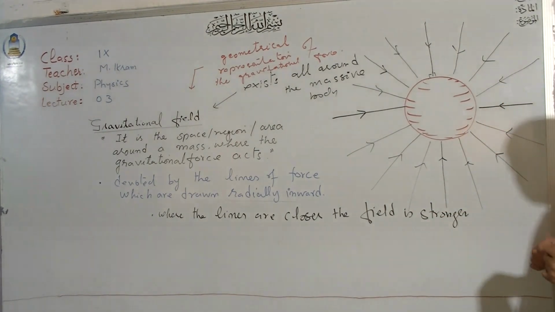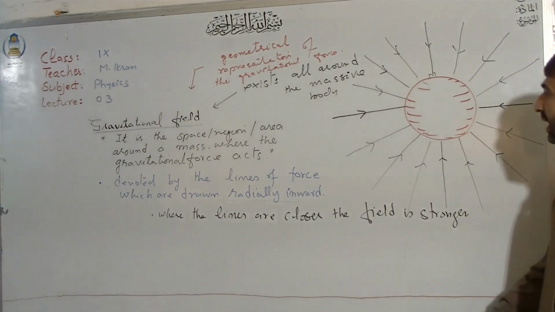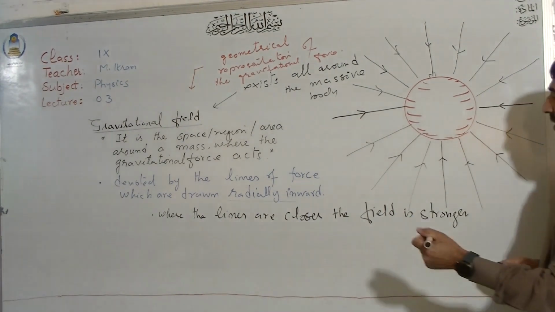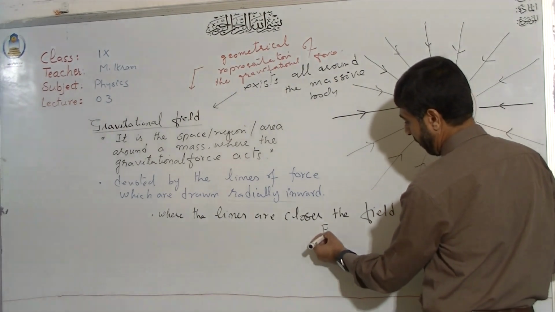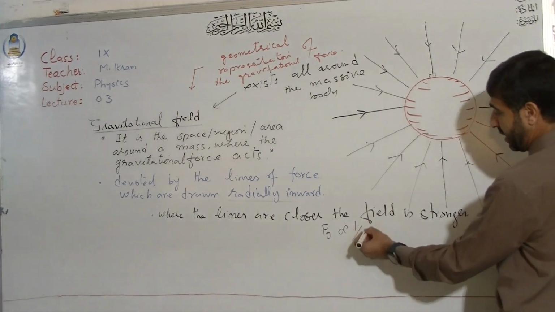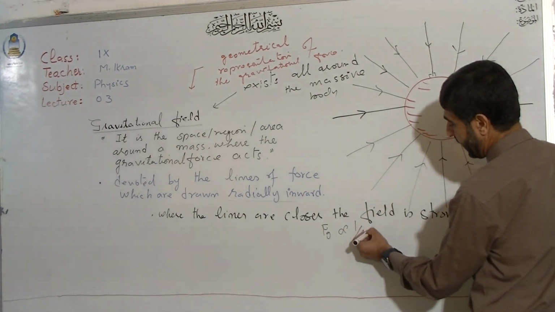So look, this points towards the inverse square law part of our previous lecture, right? Where you have seen that the gravitational force is inversely proportional to r squared.